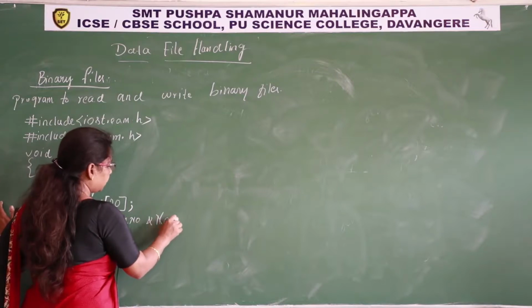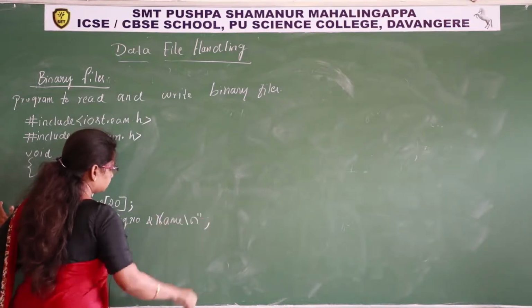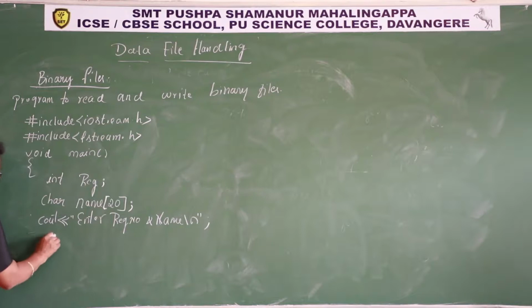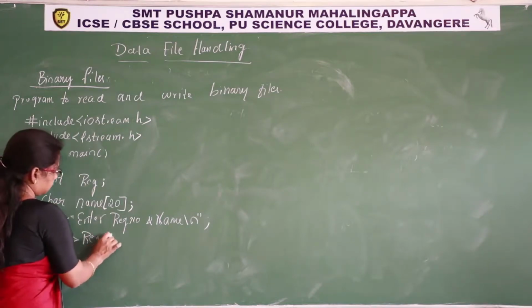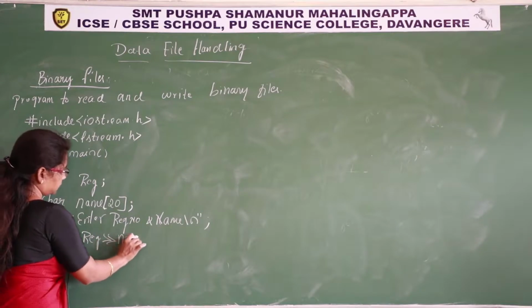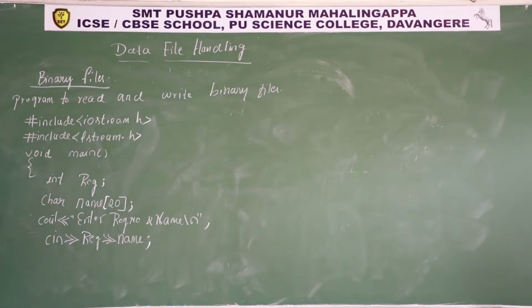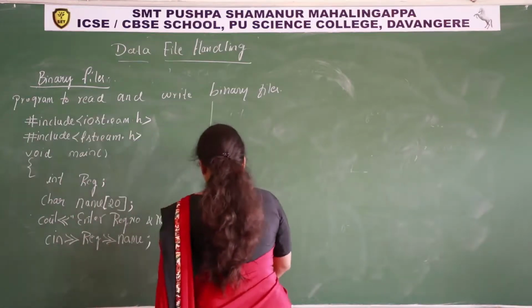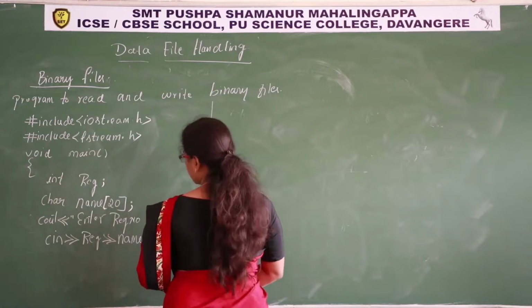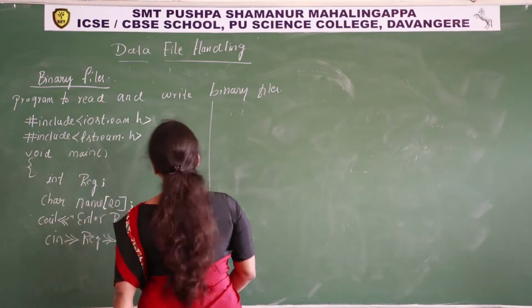Enter register number and name. I'm reading from the keyboard here, so I store them in reg and name. Next, I want to write these two data into a binary file.